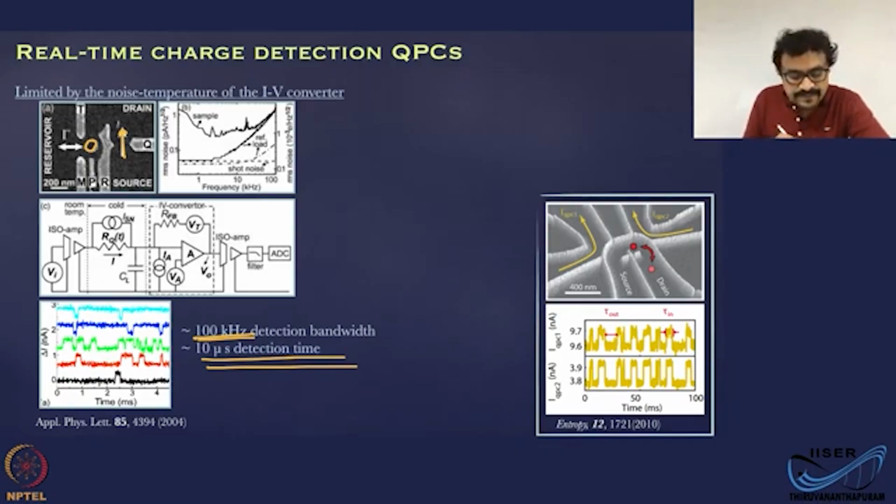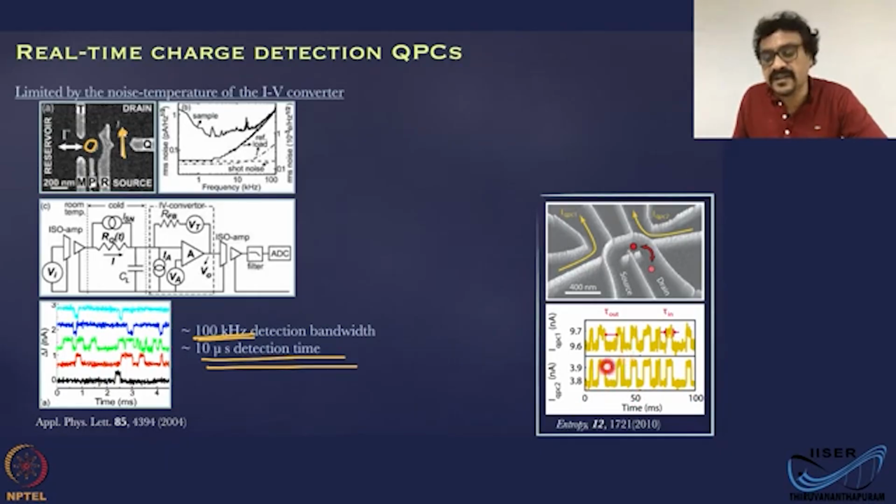and this is one of the first attempts. In another instance, you can have detection times again in a similar range, a few milliseconds. This is a 50 millisecond, this is a 100 millisecond time scale, and again a few milliseconds.